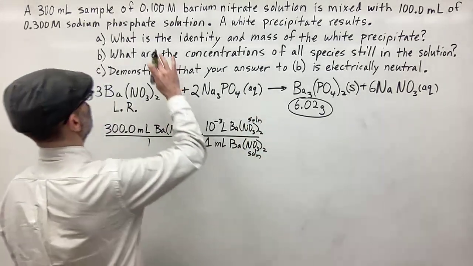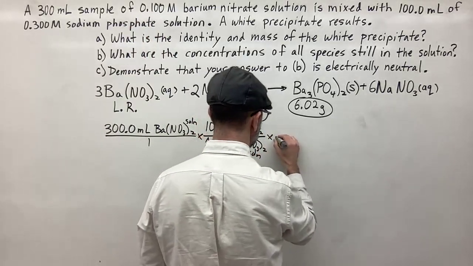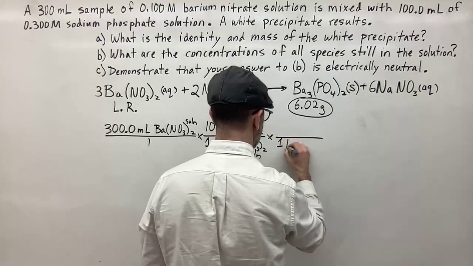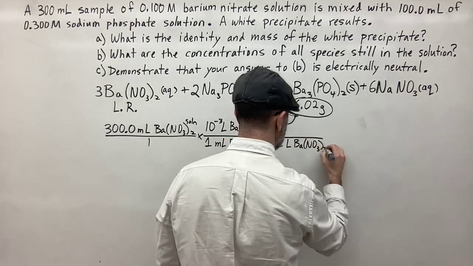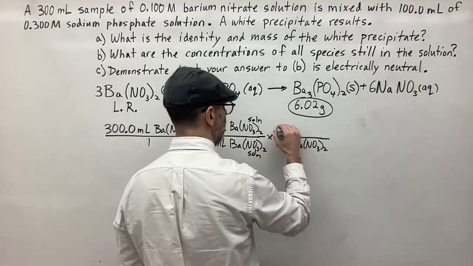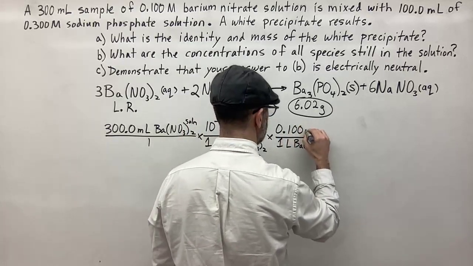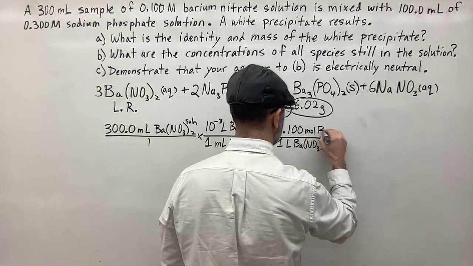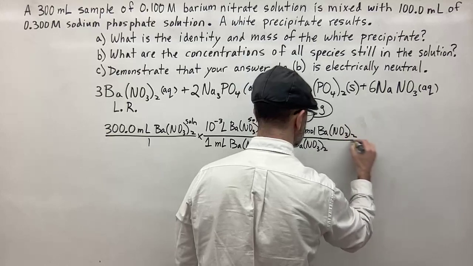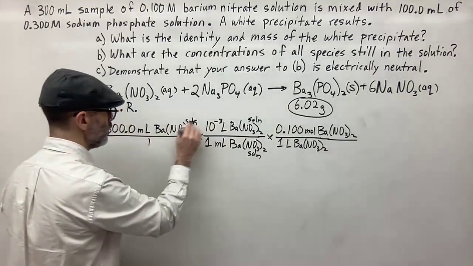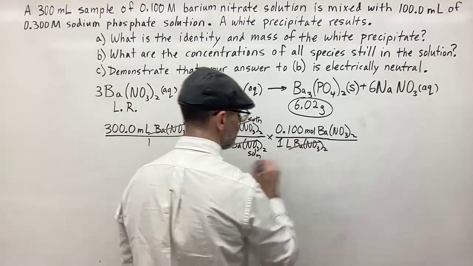And then we're going to use the molarity, 0.100, to convert to moles. So 1 liter of the barium nitrate solution on the bottom, and 0.100 moles of barium nitrate. So here, milliliters of the barium nitrate solution cancel out. Here, the liters of the barium nitrate solution cancel out.